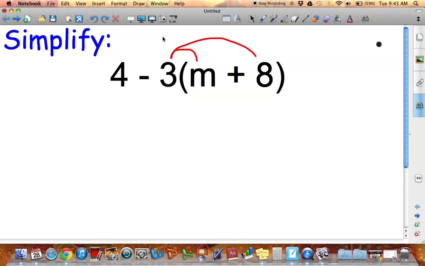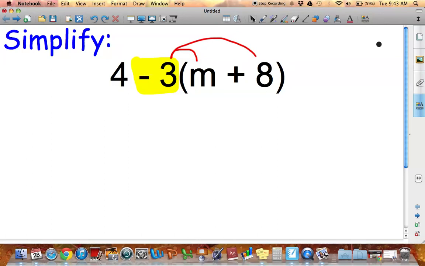Remember, we read math from left to right. So this is a positive 4. And this minus sign gets included with this 3 to make the entire thing a negative 3.